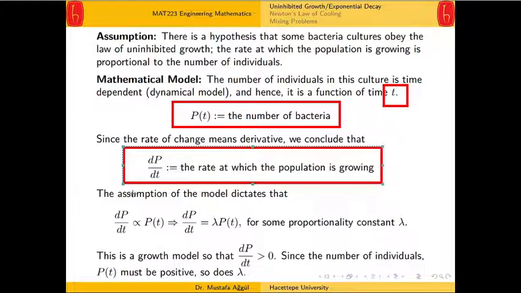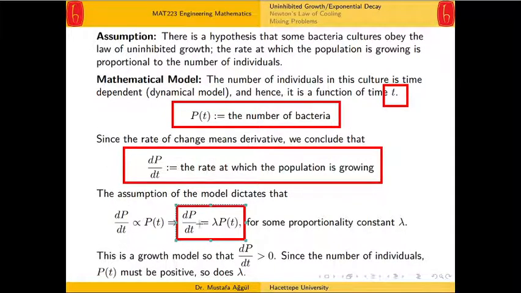The assumption of the model dictates that dP/dt is proportional to P(t). This is the proportional sign. Proportionality means there is a constant lambda so that dP/dt is equal to lambda times P(t). So this is our differential equation based on our assumption.